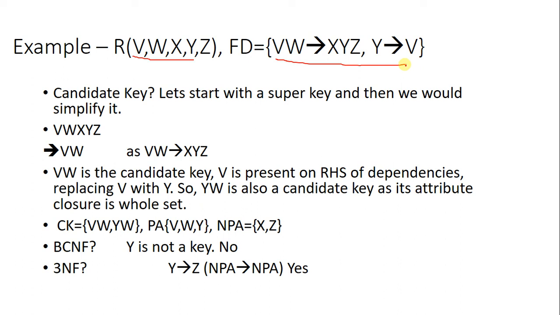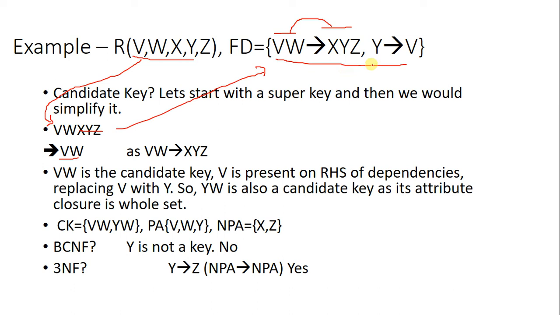We combine all these columns to get a super key, and then we simplify it by consulting these functional dependencies, which say that if you have VW, you can determine X, Y and Z. So we can get rid of these 3 attributes. So VW is our candidate key.